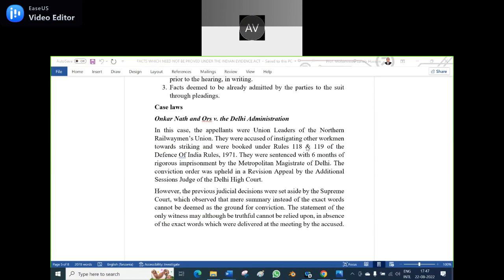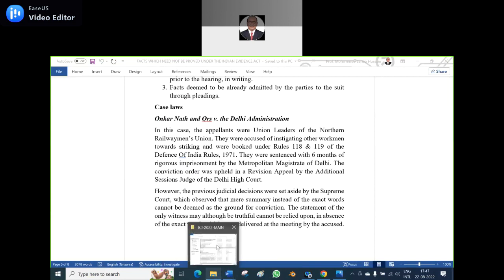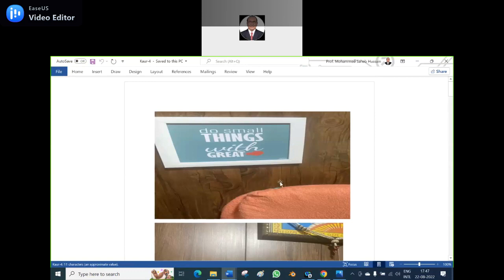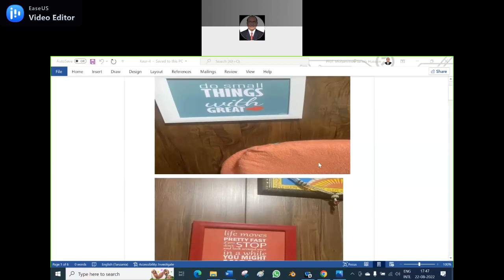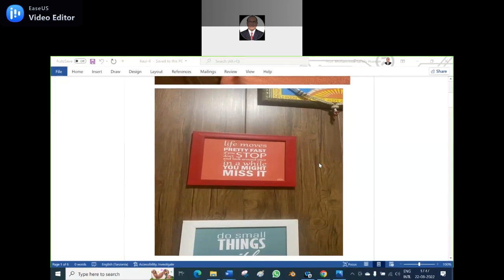Now I have admitted Gagandeep Kaur. Welcome, madam. I would like to share her image. These are the things Gagandeep Kaur keeps on her desk, in the background of her office: do small things with great love; life moves pretty fast, if you don't stop and look around once in a while, you might miss it.